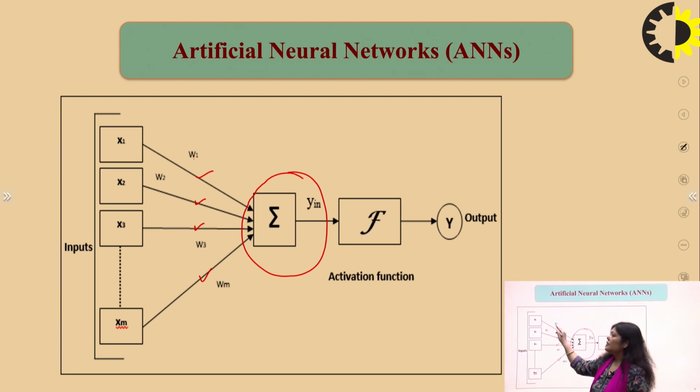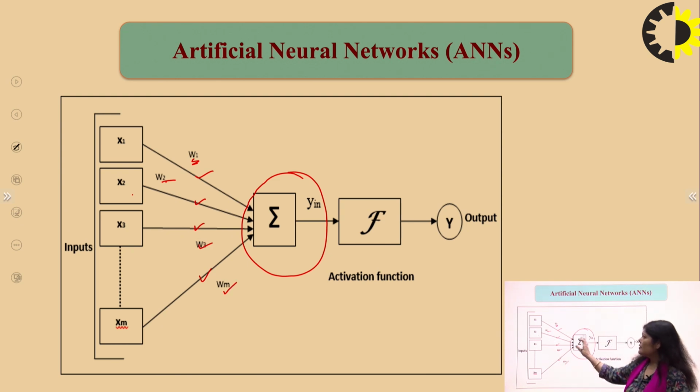This is given the weight value W1. The weight of the second input I can also formulate like this: it is represented as W2, right? For X3, it will be W3. Then for Xn, it will be Wn.